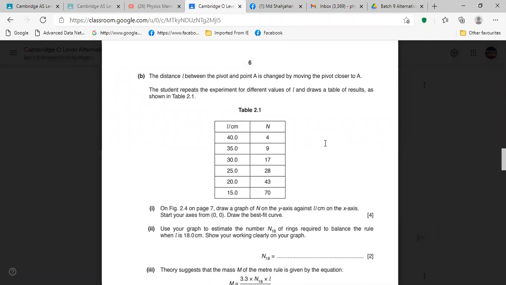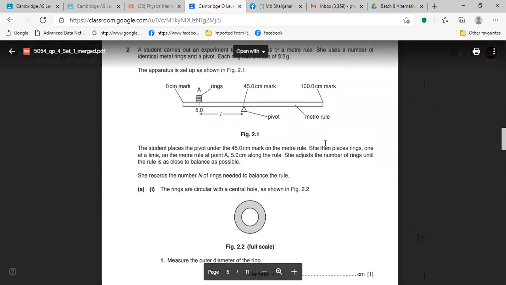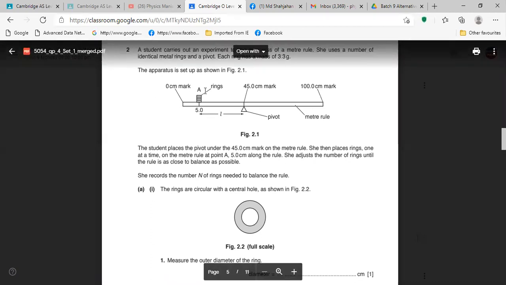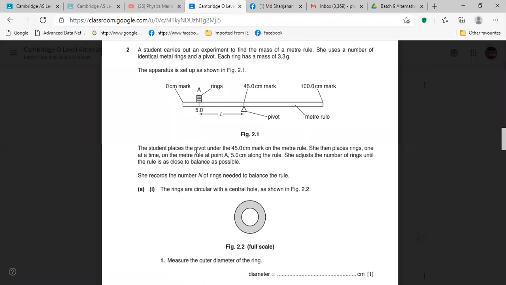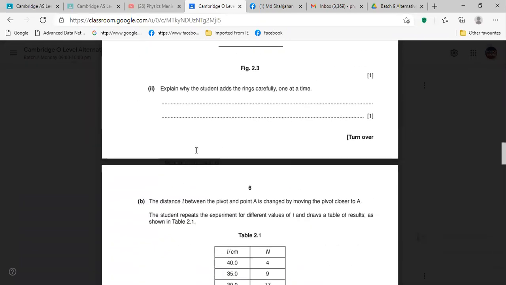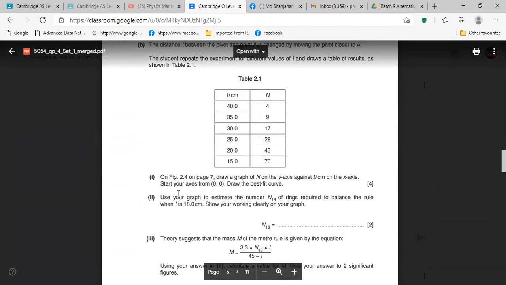Yes, so number of rings is N and L is in centimeters. L is the distance between the pivot and point A. You understand it now, right? What is L? Yes, sir. And here is the number of rings. So L and the number of rings are varied, and we are getting a table like this.